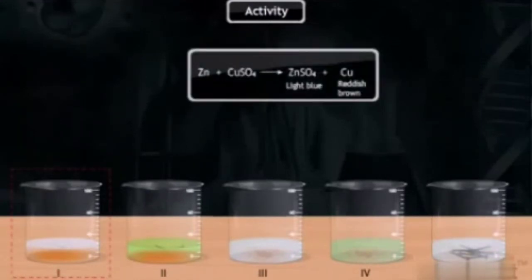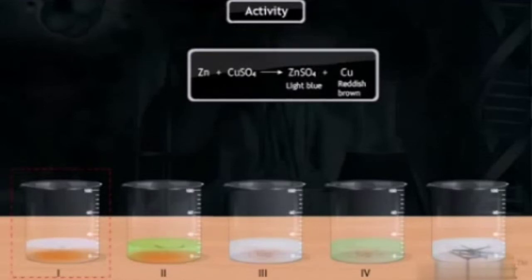In beaker 1, zinc Zn replaces copper Cu from the copper sulfate solution to form zinc sulfate ZnSO4 and copper. Because of this, the blue color of copper sulfate disappears and a reddish brown substance, that is copper, gets deposited at the bottom of the beaker.